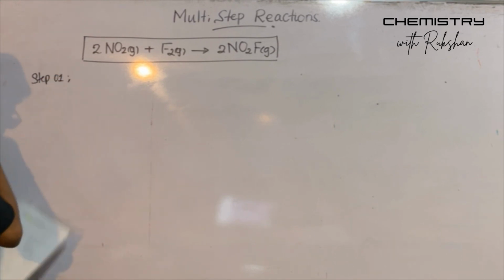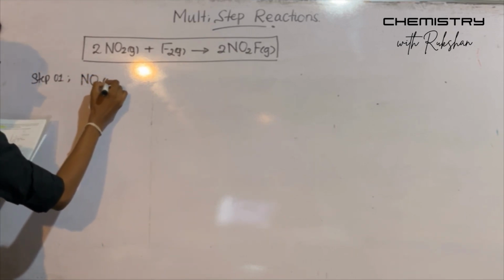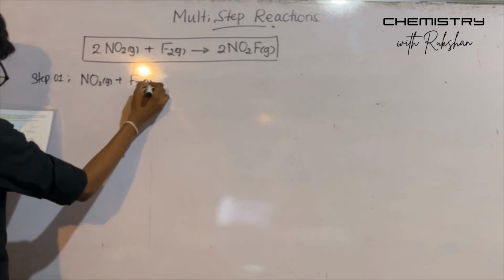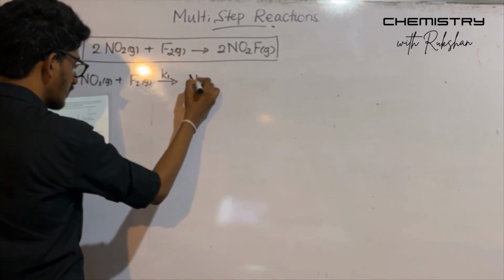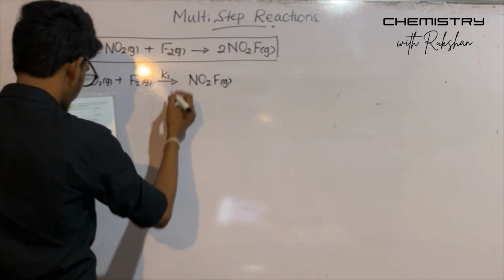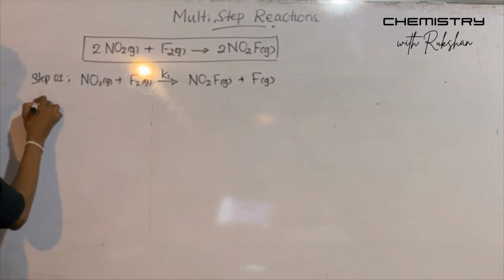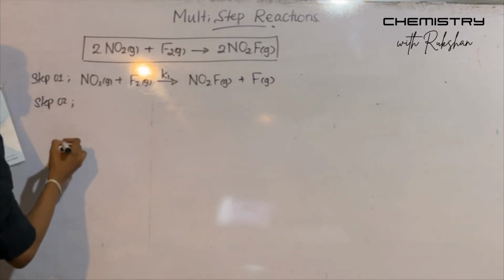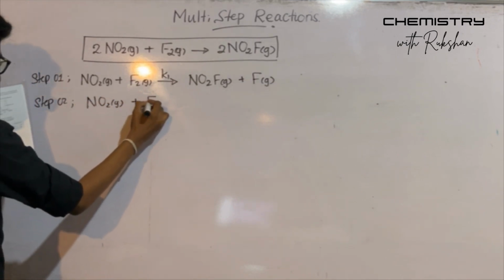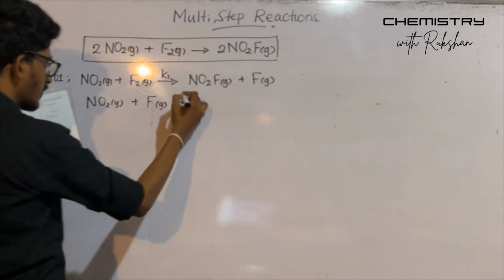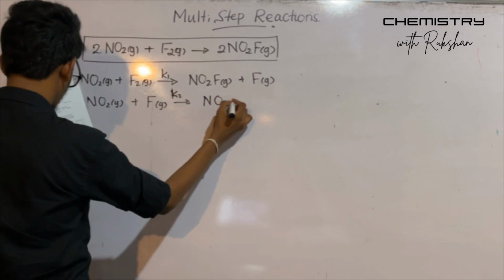Step 1 is given as this: NO2 gas with H2 gas with some K1 rate constant, giving you this. Step 2 is this, where the NO2 meets some fluorine with the K2 rate constant.